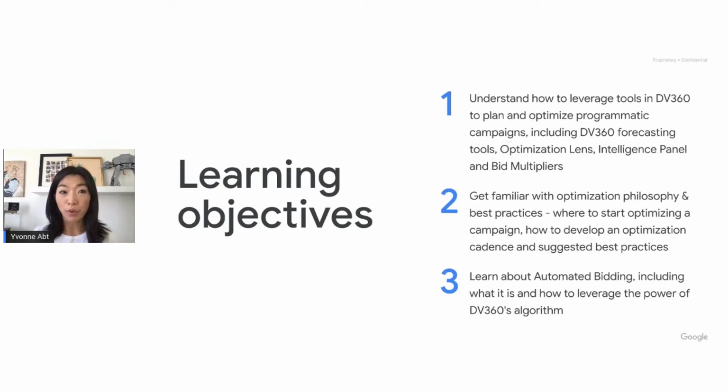Number 2, we want you to not just know the tools are available, but be able to navigate and use that information derived from the tools to generate actionable recommendations for your team or for your clients. And then last but not least, we are also going to, at the end, cover automated bidding, in addition to explaining a little bit of what that secret sauce is to leverage the power of DV360's algorithms. As Stephen mentioned, we'll be breaking up the presentation a bit with live demos, trivia, and of course, keep those questions coming throughout.